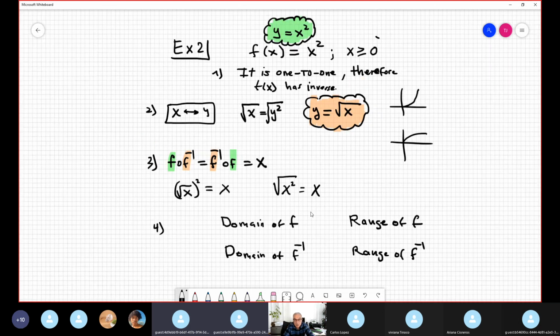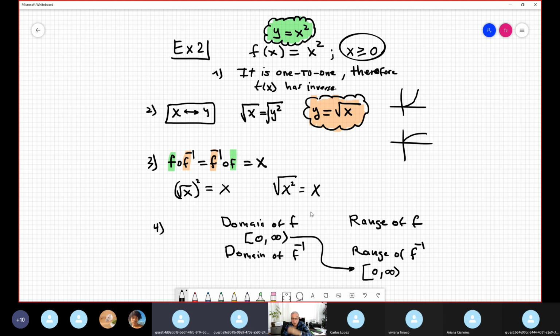Is this? If you want, normally in the test, this is expressed in interval notation, no? So it is bracket 0, infinity. And this domain is equal to the range of the inverse. I don't need to analyze anymore. I just copy and paste.